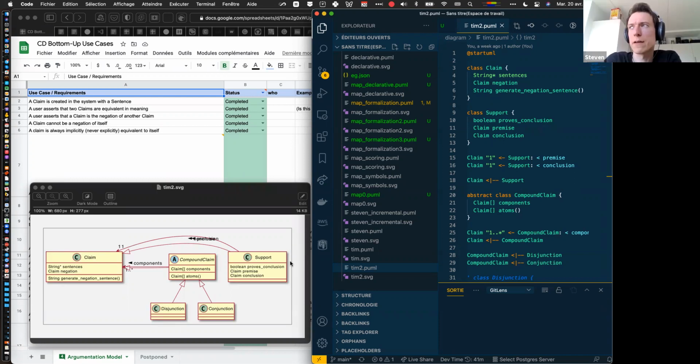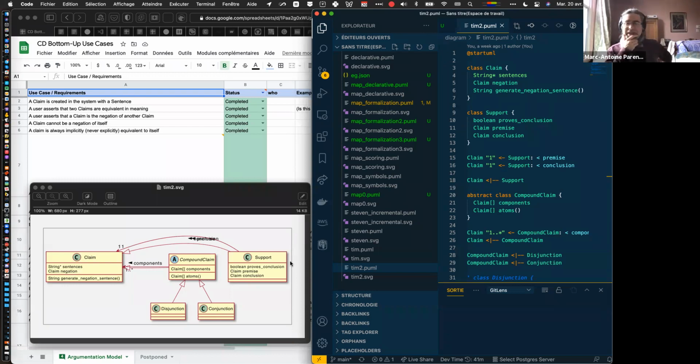Again, I think it depends on what you intend to do with scoring. I do want to point out that one thing I do understand is your reticence to require logic, because that is a huge burden. But I wrote in my model that compound claim was abstract.